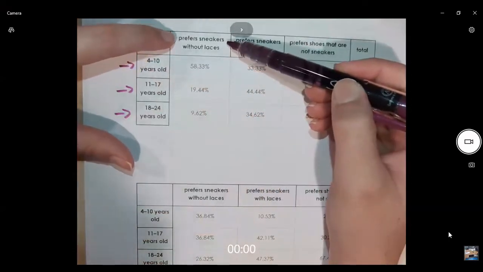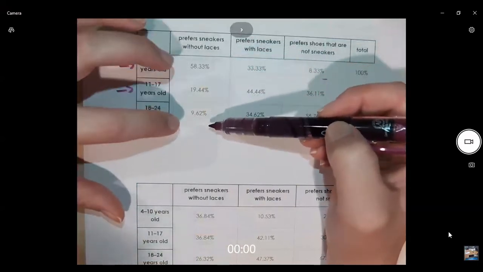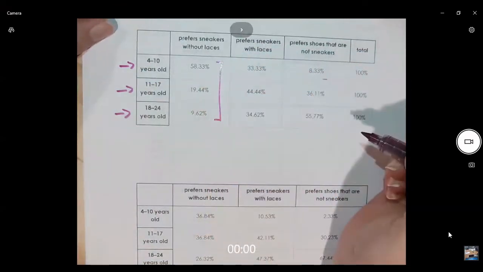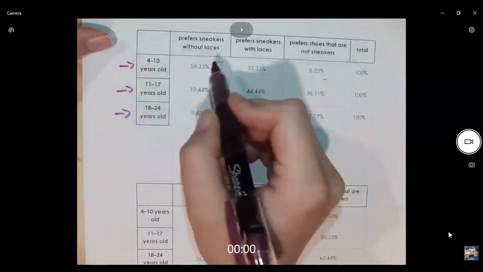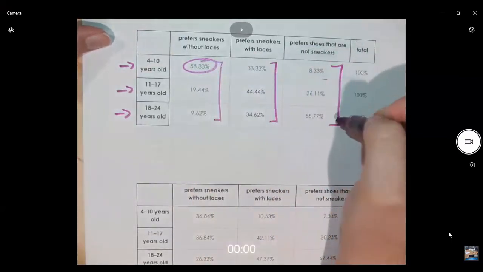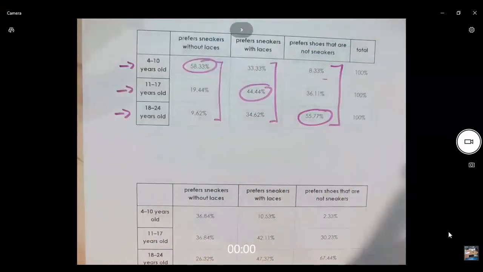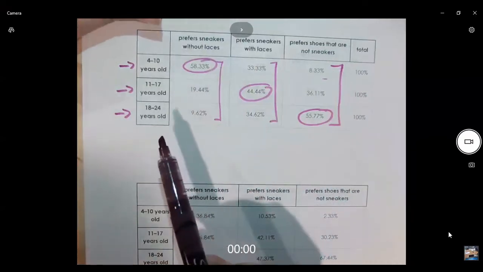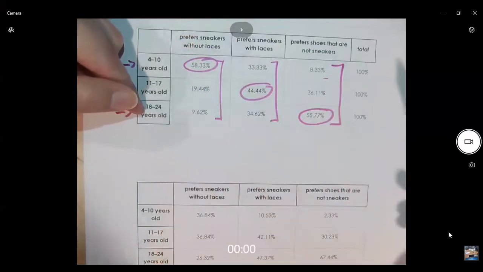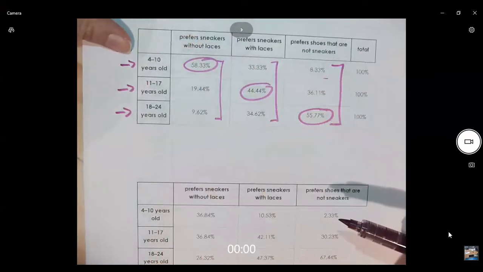Let's look specifically at preferring sneakers without laces for 4 to 10-year-olds, 11 to 17, or 18 to 24. If we compare the different age groups with this number, we see that this one is a lot larger. We could continue doing that all the way across, and we could see some comparison. You see that most younger kids prefer shoes without laces, while many of the 18 to 24-year-old people actually prefer other shoes, and you can see that in the percentages.